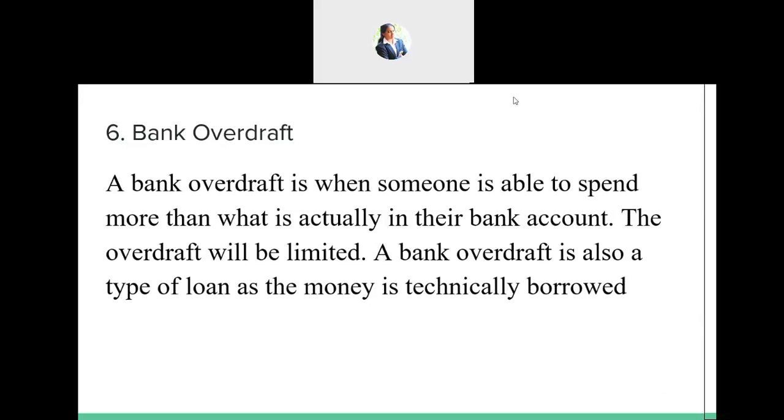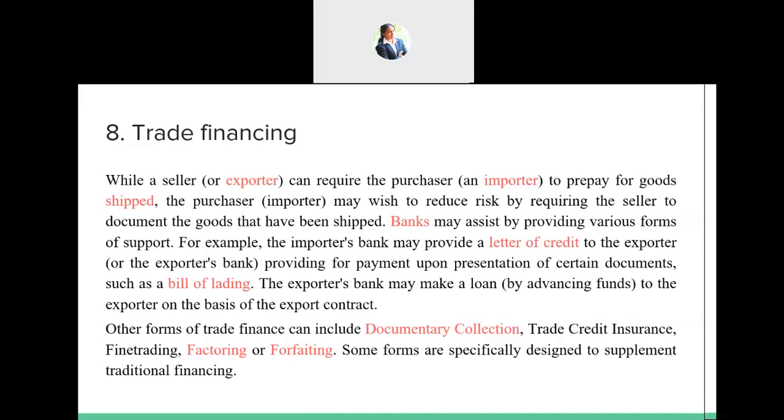Since it is not backed by any kind of collateral, only those firms which have excellent credit ratings will be able to sell their commercial papers at a reasonable rate.